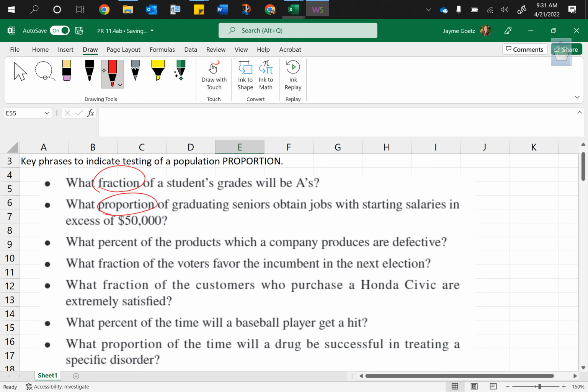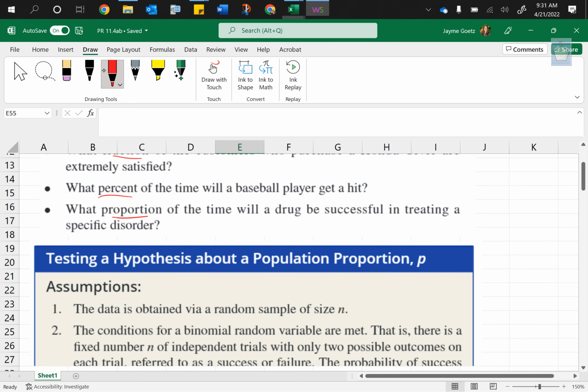What proportion of graduating seniors obtain jobs with starting salaries in excess of 50 grand? What percent? So when you see phrases like fraction, portion, percent, that means we are going to be testing a hypothesis about a population proportion, not mean, okay? Those are the words that you should be looking for.